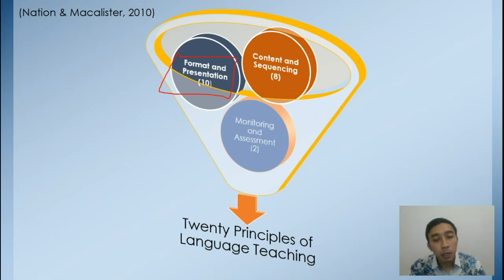Jadi di format and presentation ini kita akan membahas bagaimana cara kita mengajar atau kondisi belajar mengajar di dalam kelas, dan teknik atau model atau metode mengajar, dan juga model yang akan kita terapkan di dalam RPP atau rencana pelaksanaan pembelajaran. Jadi intinya tetap dalam satu goal atau satu tujuan, tetapi kita fokus di format atau teknik atau presentasi bagaimana kita mengajar di dalam kelas.